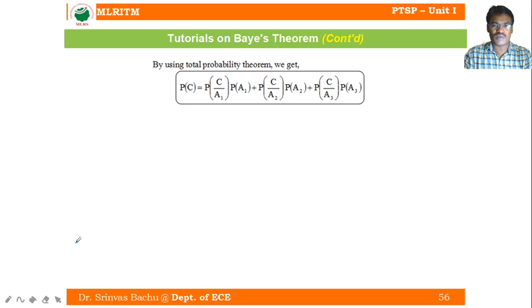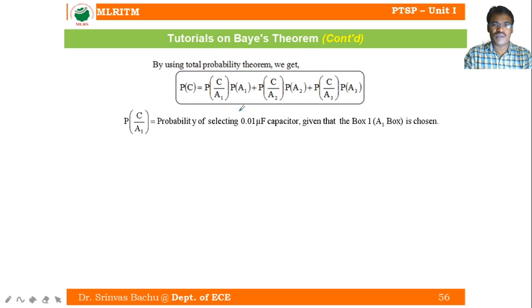By using the total probability theorem, P of C equals summation i equal to 1 to k of P of C by A_i into P of A_i, that is, P of C by A1 into P of A1, plus so on. C is a different event and A is a different event. Instead of A1, A2, A3, we are taking B1, B2, B3, B sub k. So this is the total probability.